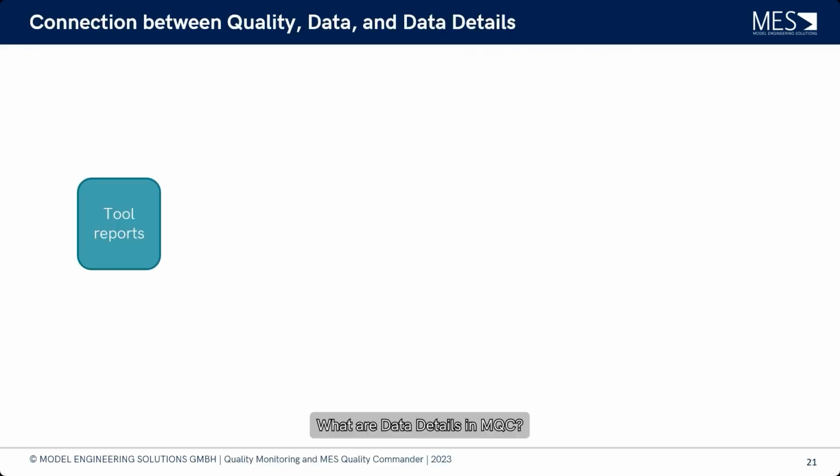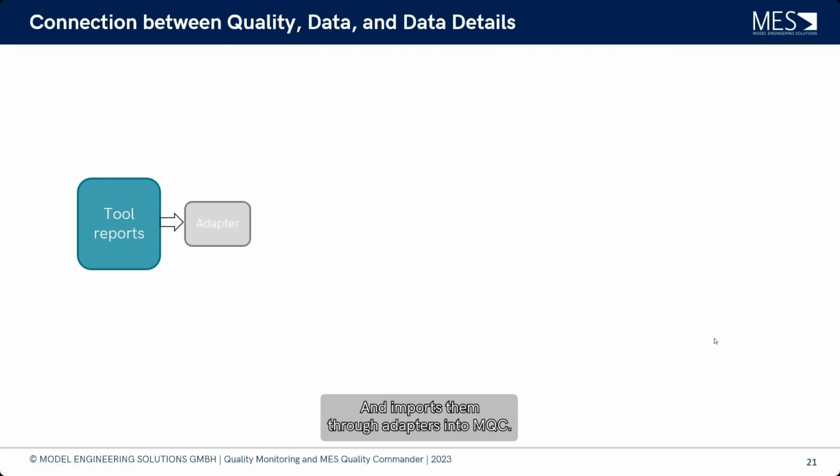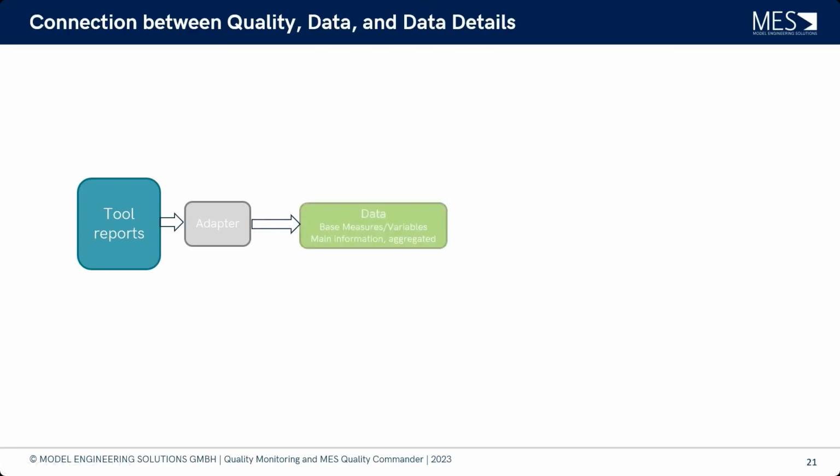Yeah, so what are data details in MQC? MQC reads tool reports from all your testing tools and imports them through adapters into MQC. For a long time, we just imported the base data of these tool reports. This means that they are aggregated numbers.